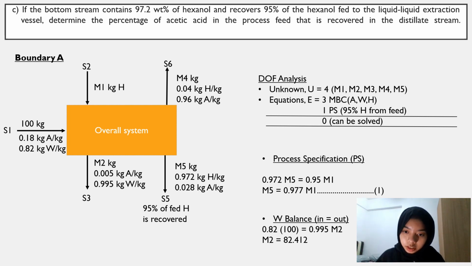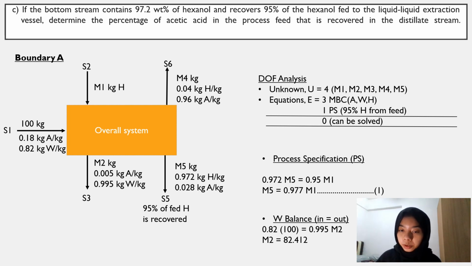So in this question, we are going to use boundary A, which is the overall system. In the overall system, there are 4 unknowns, M1, M2, M4, and M5. From those unknowns, we do the DOF analysis.